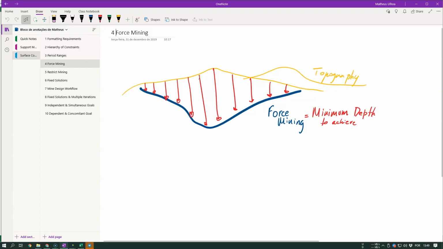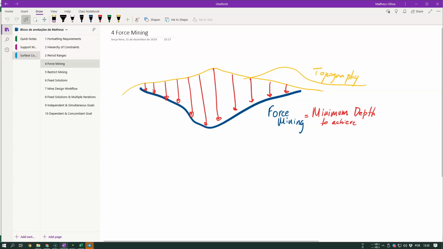So the meaning of surface of force mining constraints. Okay, I have my topography region or surface in yellow. I have my surface constraint in blue, which in this case is the force mining. So it means actually the minimum depth I should achieve. Starting from the topography, I will achieve at least this depth in all these points over here.